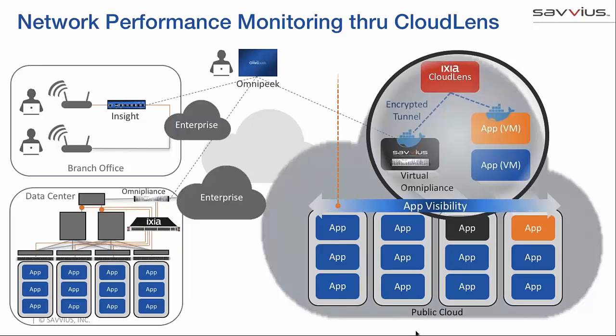And OmniPeak, which is our analysis software, can then be connected through a single pane of glass mechanism to the physical on-premises solution on the left, as well as to the Omni appliance in the cloud, and provide visibility into the packet data-based analysis.